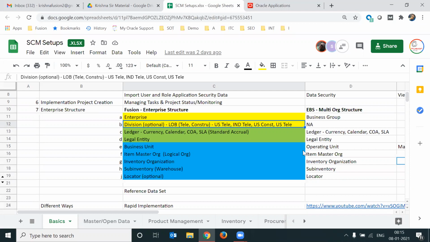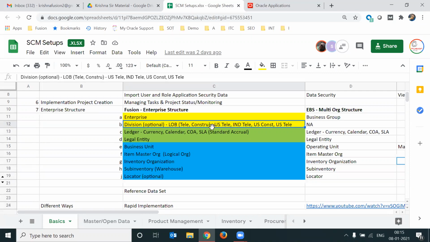Otherwise, I can also create an India division, US division, Canada division, Australia division. I can also create a division according to the country. So the division creation is according to the line of business, or according to the region, or it can be both.